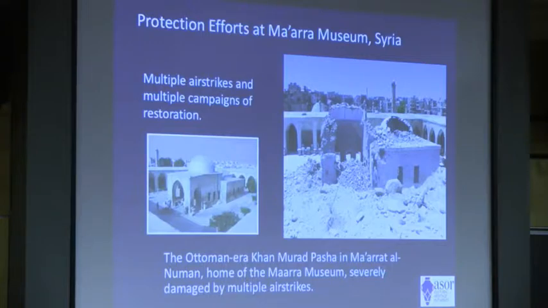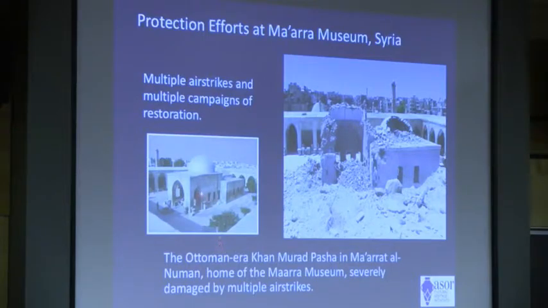But since Syria is in a civil war right now, the areas that are controlled by the opposition, we're not getting funding, we're not getting help to protect their heritage. So some of these projects, very small projects, have focused in those areas. And of course, those are areas that are more accessible too.